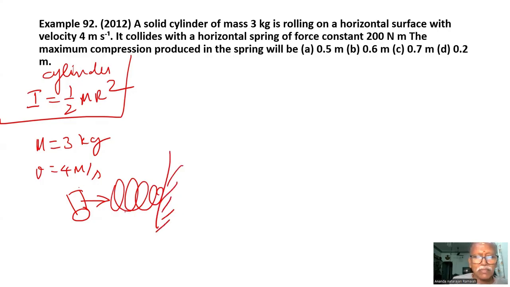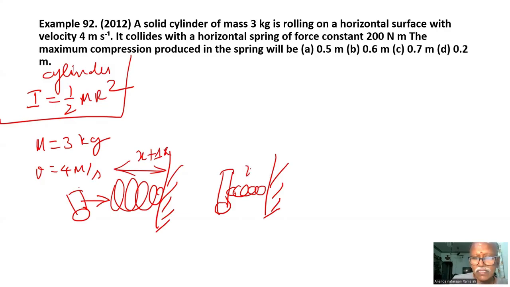What will happen? The spring will be compressed. It will be like this. That is compressed and the cylinder will be here. Here it is x plus delta x, and delta x is reduced.